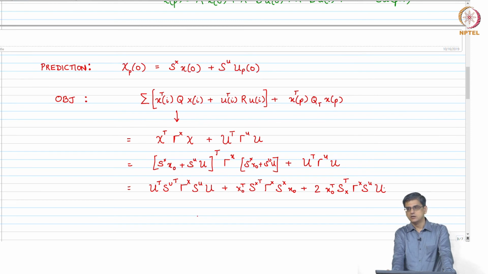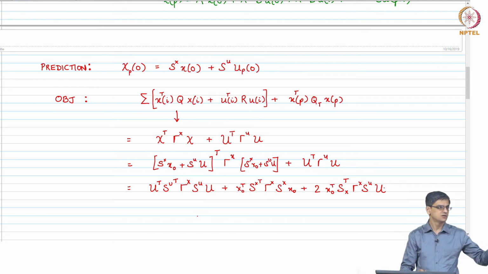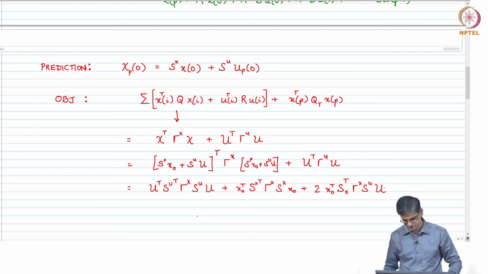I am able to do that because I have done this multiple times, but it is not difficult at all. It is just (A plus B) multiplied by Q multiplied by (A plus B). So that is going to be A Q A, B Q B, 2 times A Q B. That is what it is.